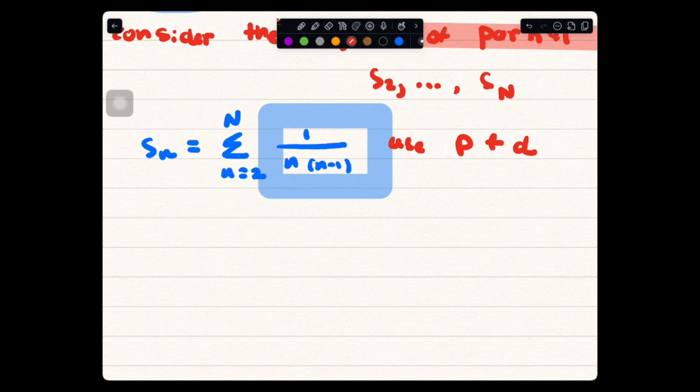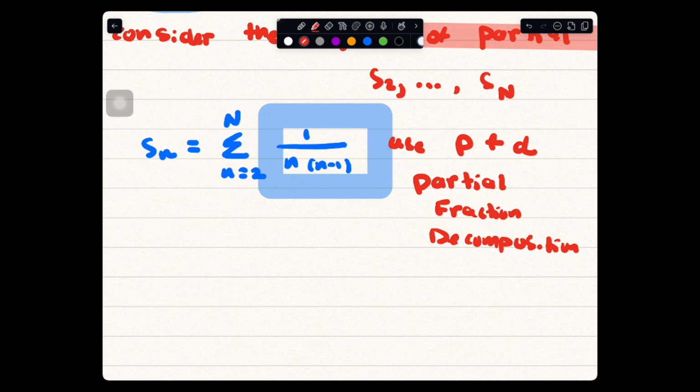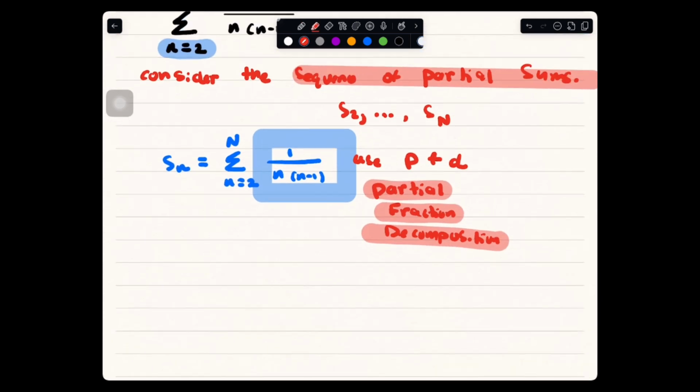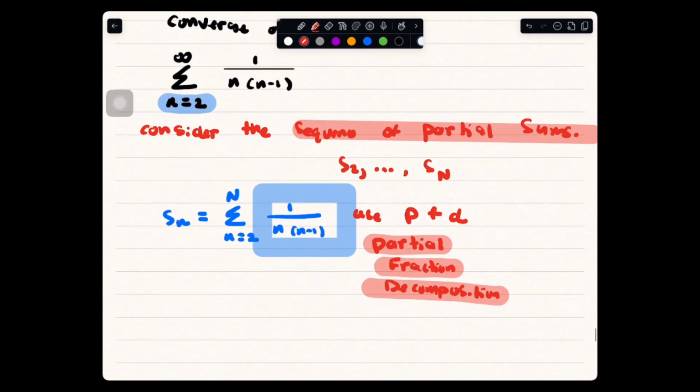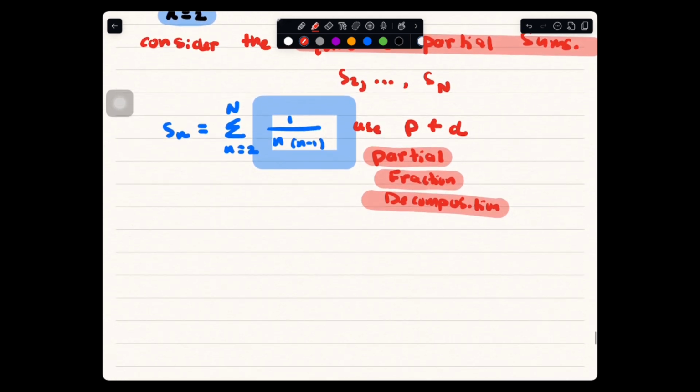What do we abbreviate PFD with? Partial fraction decomposition. So you want to use partial fraction decomposition here, and I'll show you why. If you don't, you're going to get those terms that I started to write down.